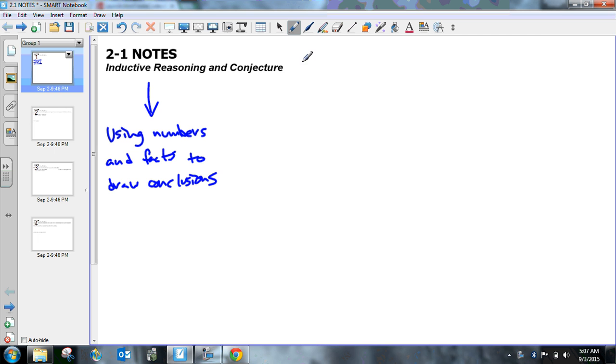And then the conjecture is the concluding statement. It's basically what you're trying to do, using numbers and facts to draw conclusions.